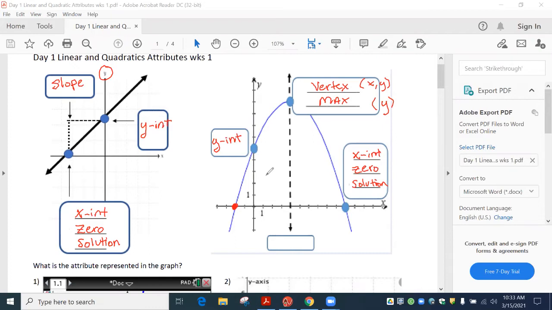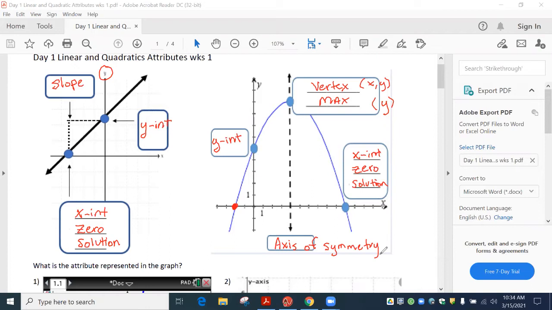It's called the axis of symmetry. Now, most kids that say this wrong, and by the way, I don't really care if you say this wrong. Most time when kids say this wrong, I don't even say anything.